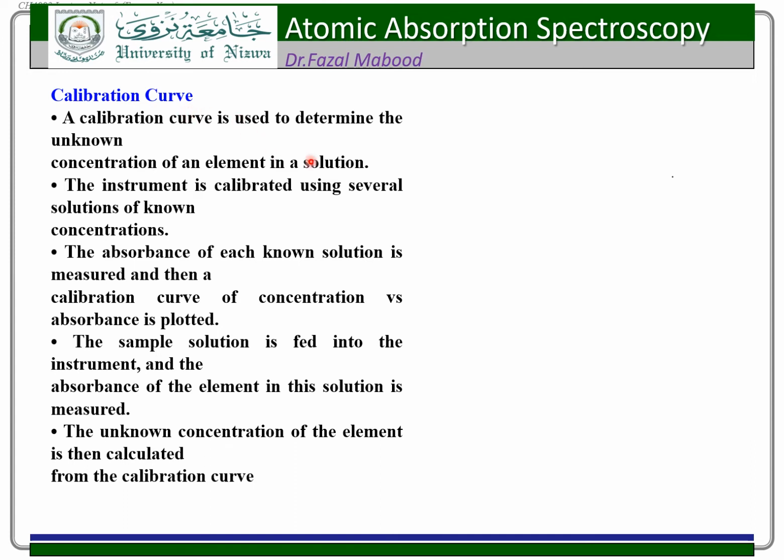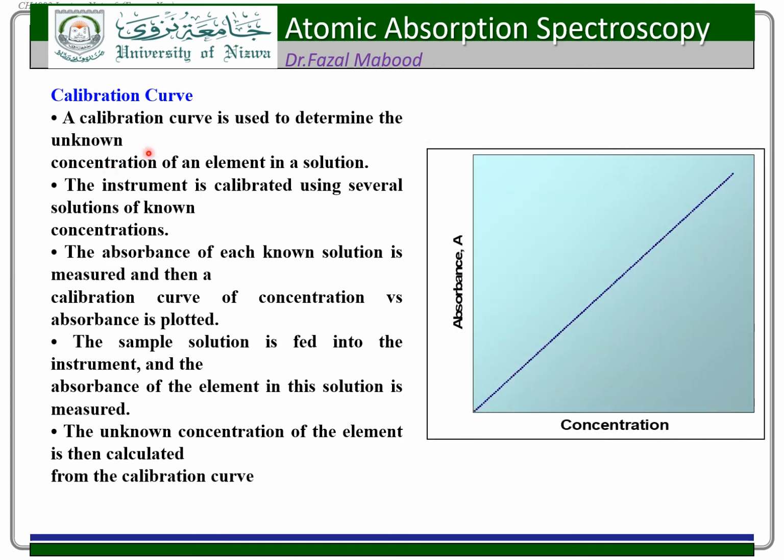Calibration curve. A calibration curve is used to determine the unknown concentration of an element in a solution. This diagram shows a calibration curve, a plot of the concentration of the analyte versus the absorption or emission intensity.